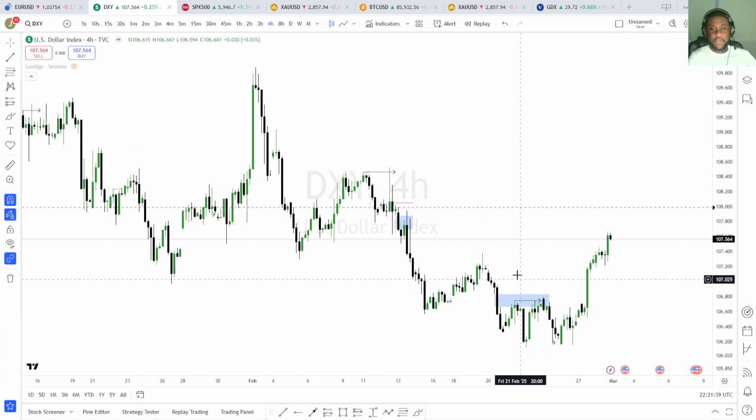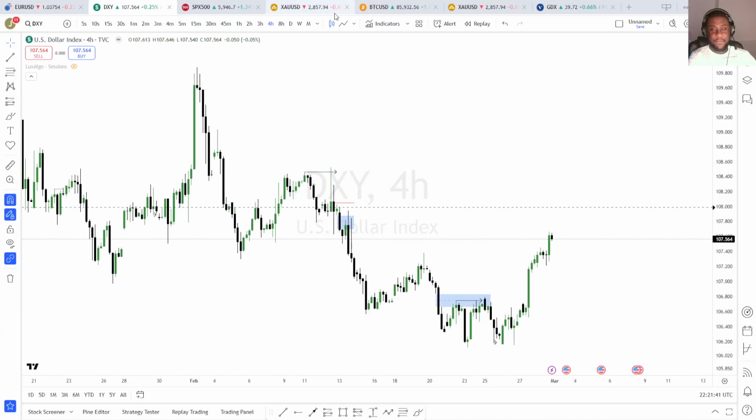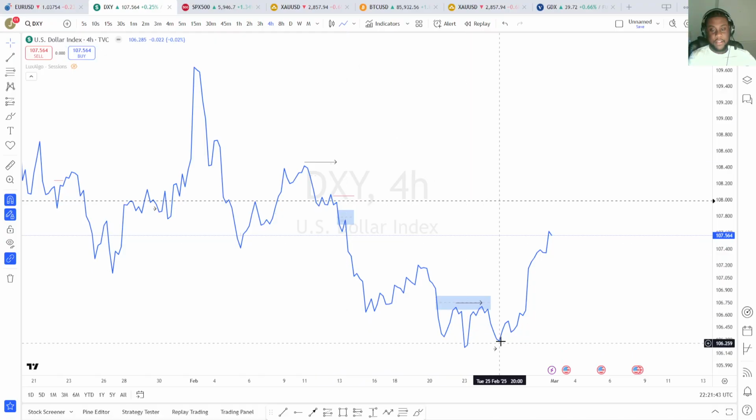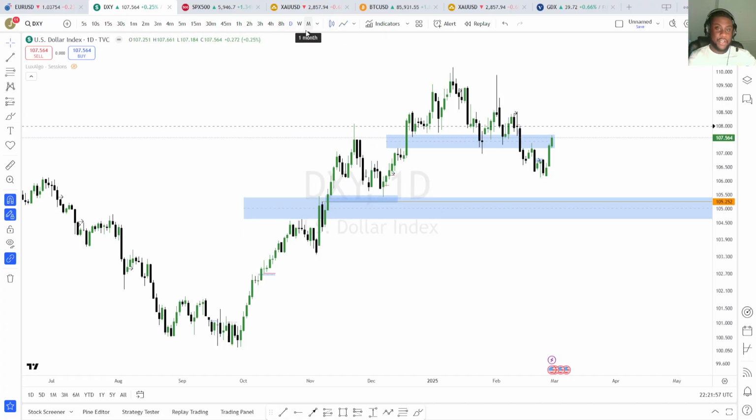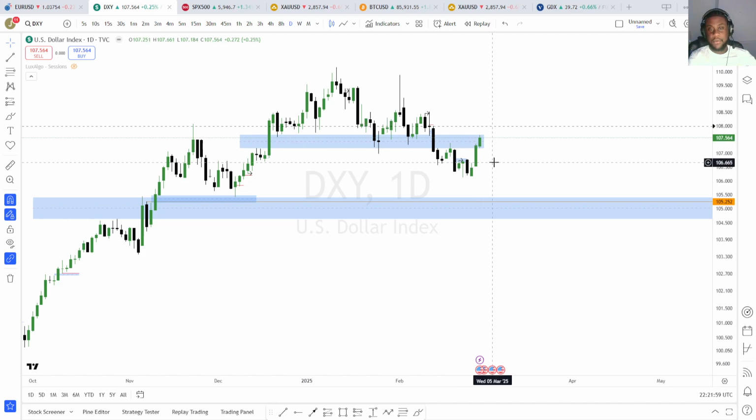Now, of course, as we can see, we didn't in fact get that 4 hour lower low. We just made a higher low, and now that we've broken up, we've also taken out this 4 hour high, this 4 hour high as well. This high is more significant here on the daily, as you can see there as well. So in fact, the daily time frame has broken back to bullish. So ideally, we want to see a pullback and a potential continuation to the upside.